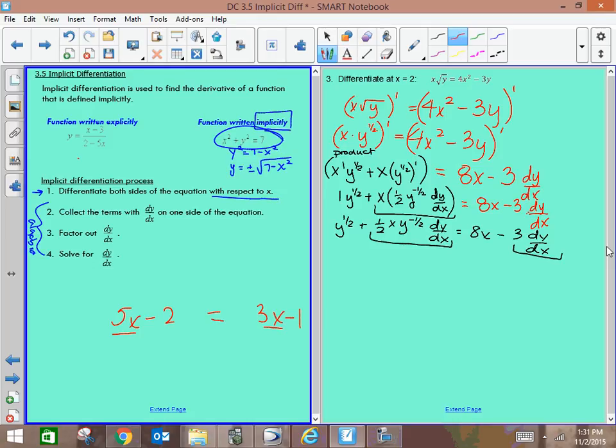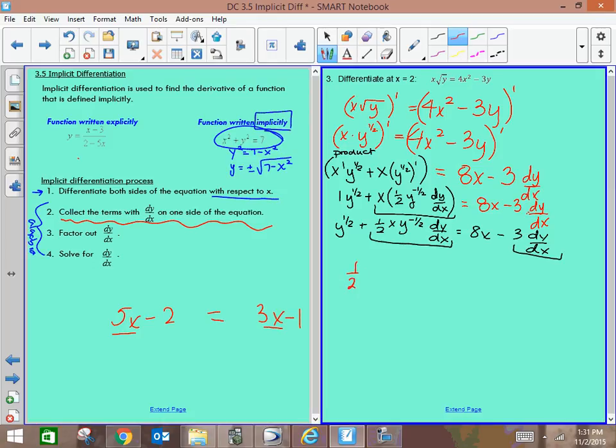I'm going to put my dy dx terms on one side of the equation. So this stays here: 1/2 x y to the negative 1/2 times dy dx. This one's coming over, so it's plus 3 dy dx.